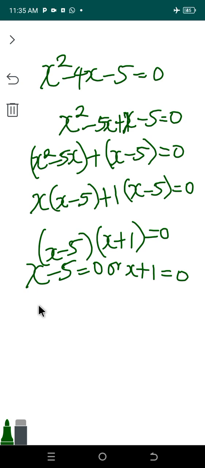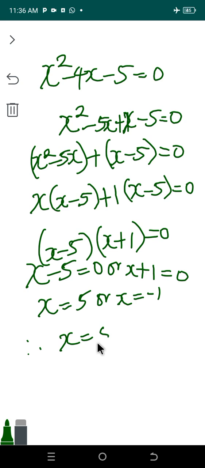So we will have x is equal to 5, or x is equal to minus 1. Therefore, the solution of this quadratic equation is x is equal to 5 and minus 1.